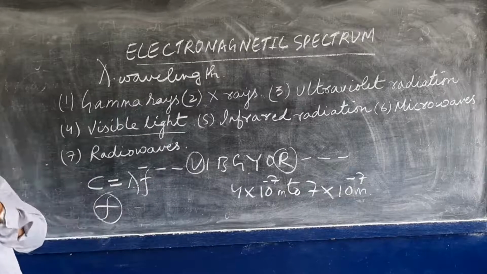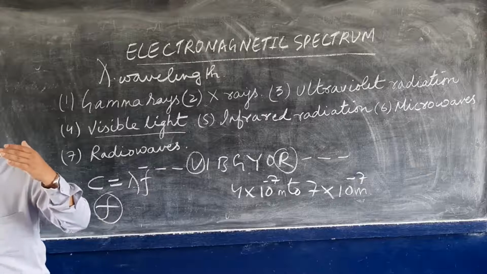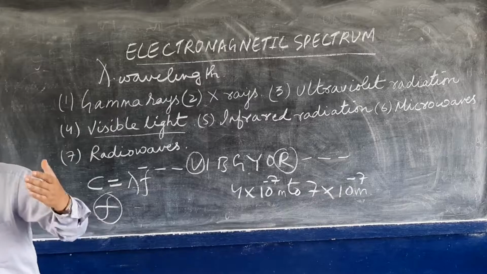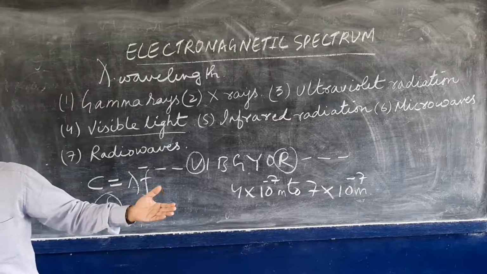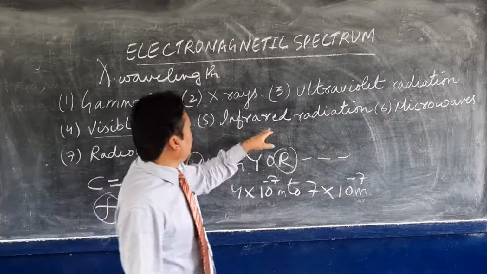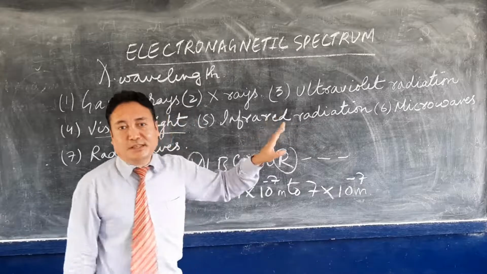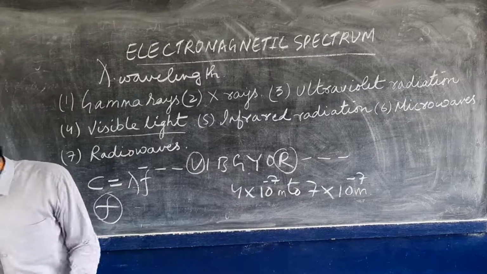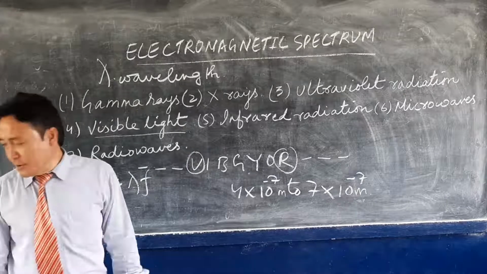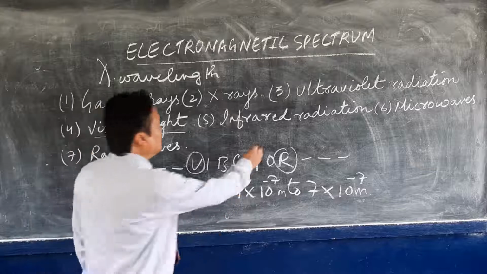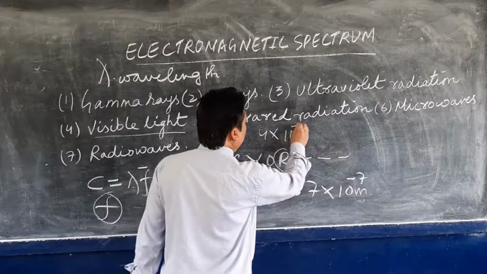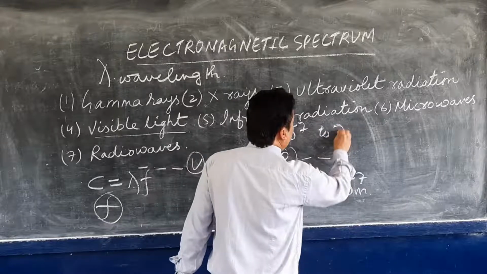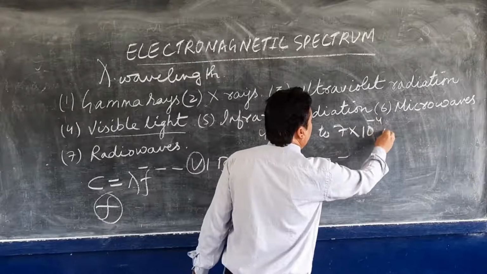Invisible spectrum, that is whose wavelength is more, comes from 4 into 10 to the power minus 7, that is infrared radiation. When we talk about infrared radiation, its wavelength is from 4 into 10 to the power of minus 7 to 7 into 10 to the power of minus 4 meter.